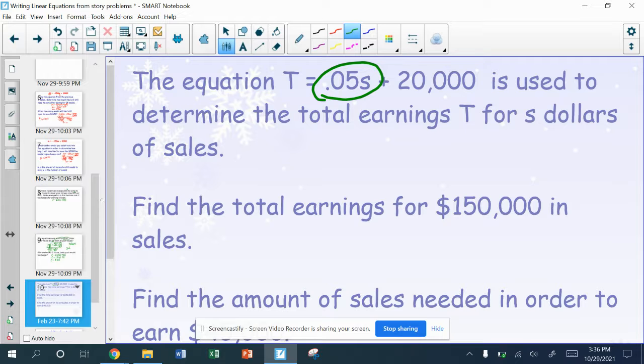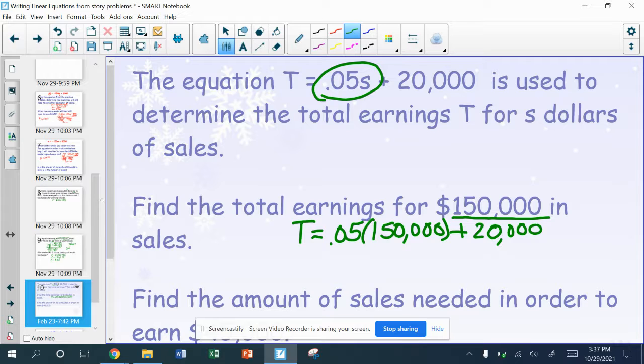So if someone had $150,000 in sales, that's the S, I want to know the total amount of money that they're going to bring home. So the total money that they'll bring home would be 0.05 times that 150,000 plus the 20,000 that must be just their normal salary.